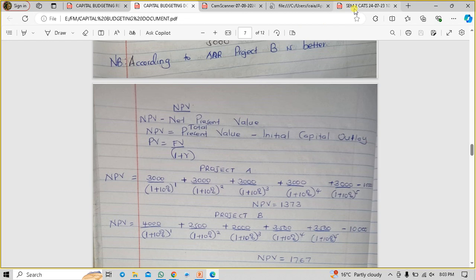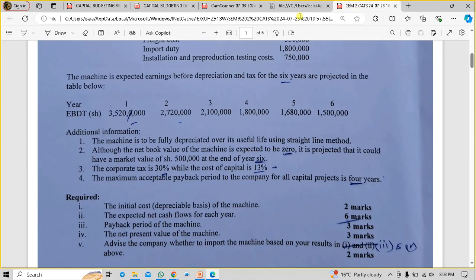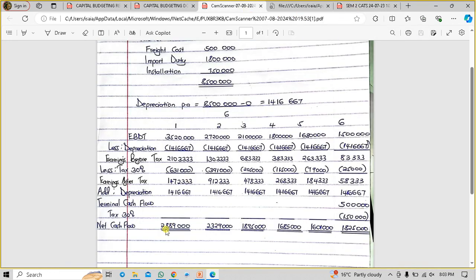So what you're going to do here, we have our net cash flows and we have 6 years. Let me just write net present value. So we are calculating the net present value.